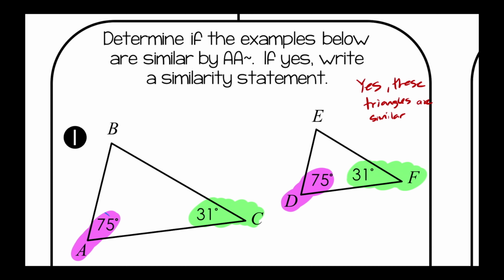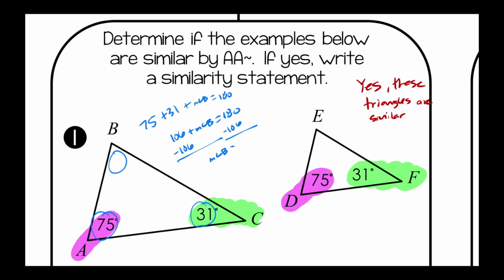So that means this plus this equals 180. So that means 75 plus 31 plus the measure of angle B equals 180, or 106 plus the measure of angle B equals 180. If I subtract 106, that means the measure of angle B is 74.